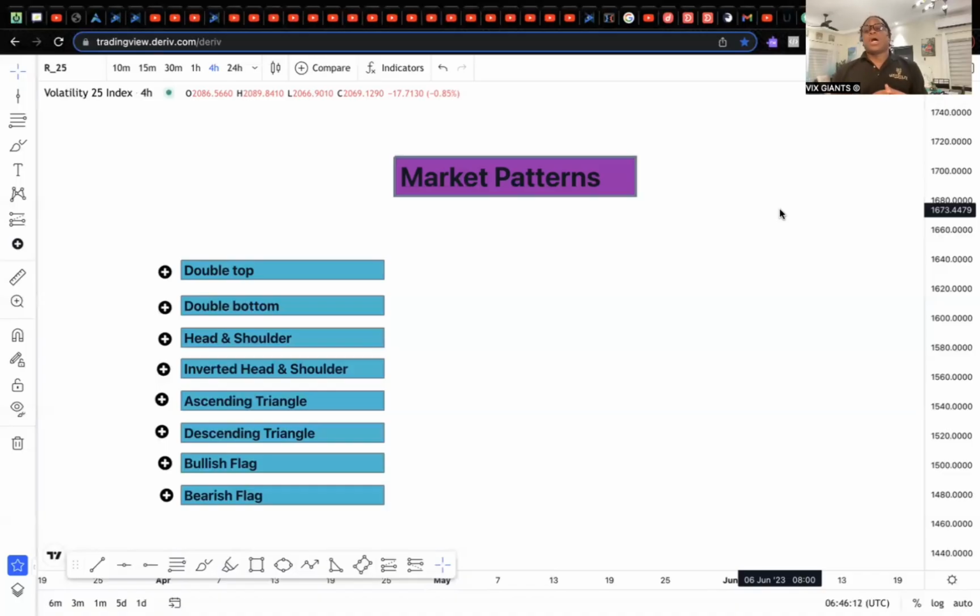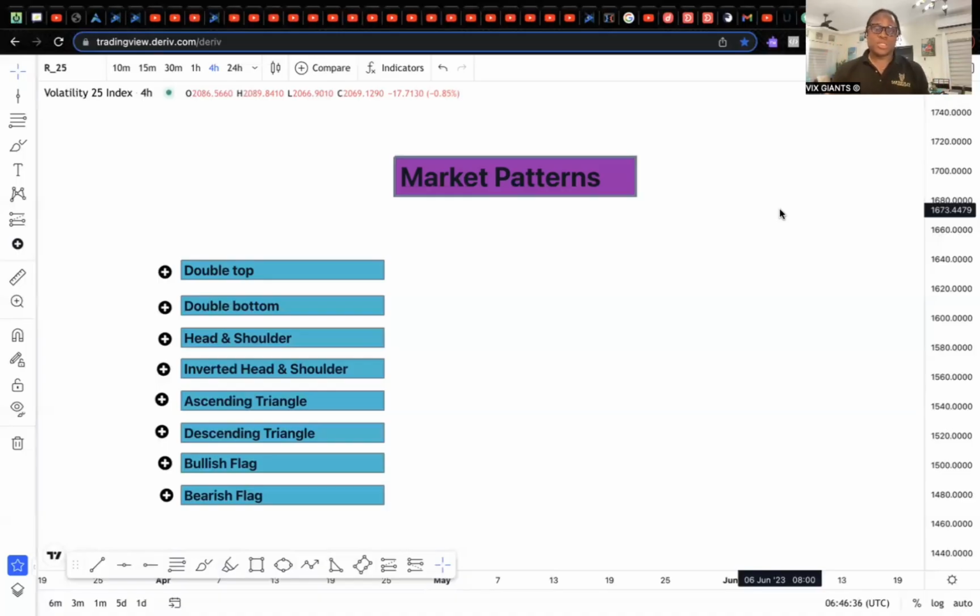Or a continuation pattern: if we're in a market condition where the market is bearish and we see a certain type of pattern or price action movement resembling a particular pattern start to appear, then we can anticipate that the market will continue in its original trend and continue going down, right?